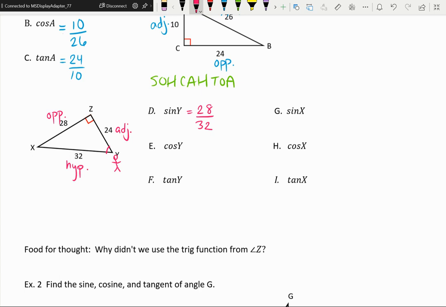We go to set up the cosine of y. I'm at the same angle, so my little person doesn't move. Still at y. Cosine is the CAH part of SOHCAHTOA. So cosine is equal to the adjacent divided by the hypotenuse. Adjacent is 24. Hypotenuse is 32.